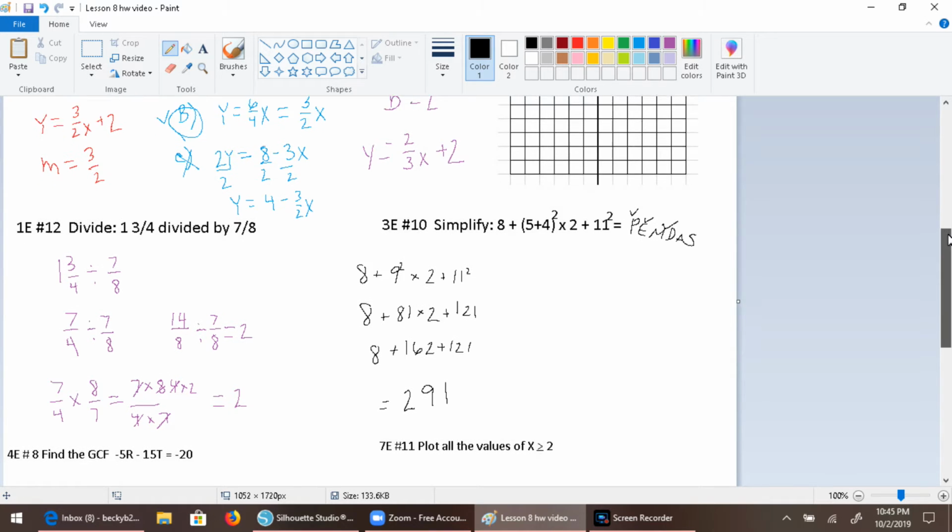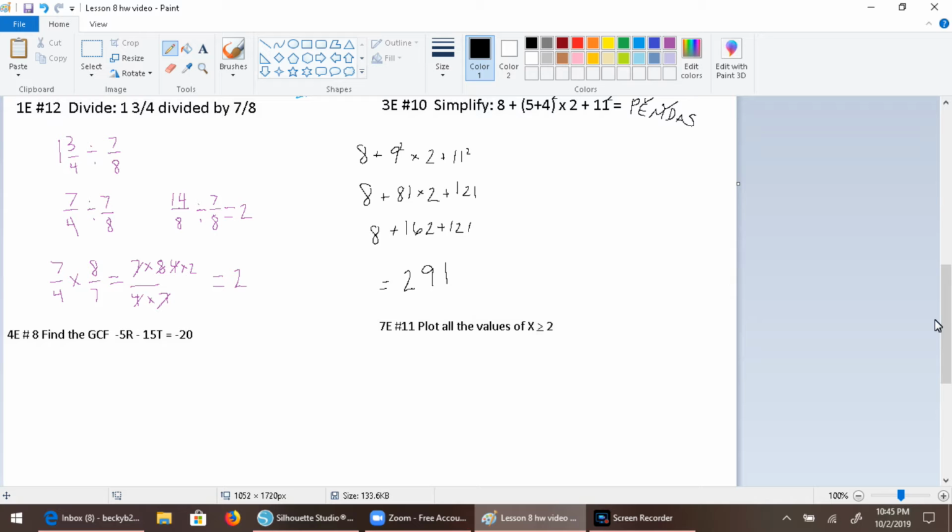Okay, last two problems. Find the greatest common factor here. We have negative 5r minus 15t equals negative 21. Well, this is a negative 5 and an r. We don't have another r, but we do have negative 5s. We have a negative 5 we could take out here, and a negative 5 we could take out here. So our greatest common factor is negative 5. And then what do we have left? When we take a negative 5 out here, we have an r.